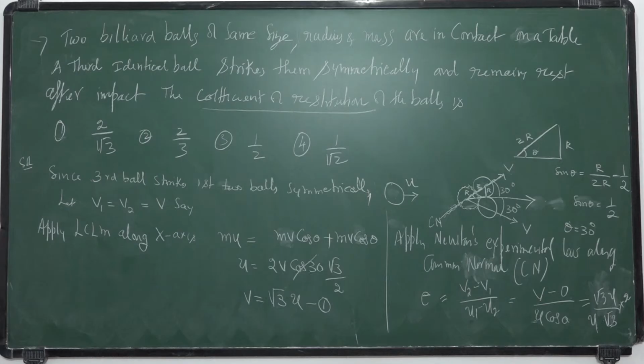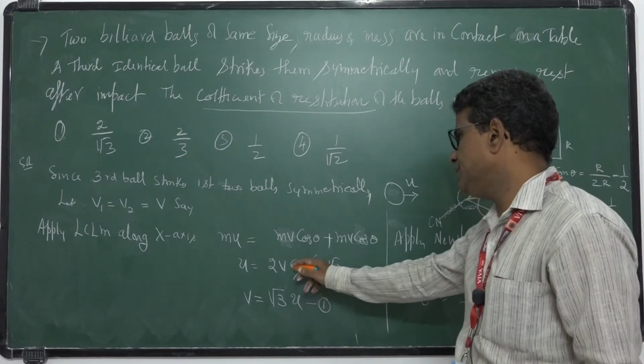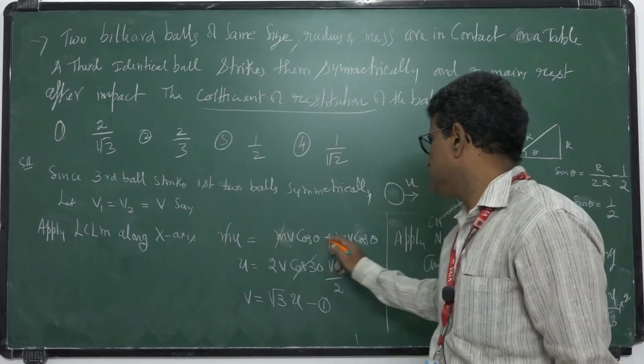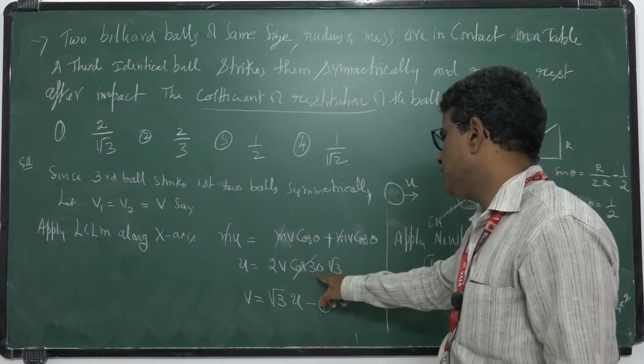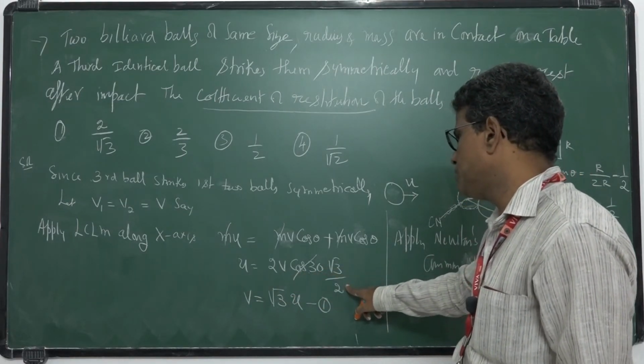So once again, go through the problem. The momentum principle is 2mv cos 30. So what is 2mv cos 30? m gets cancelled. 2v cos 30, with cos 30 being root 3 by 2.